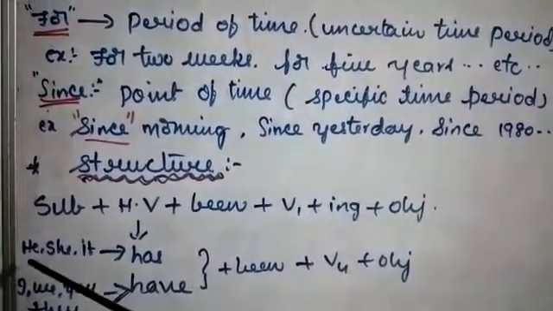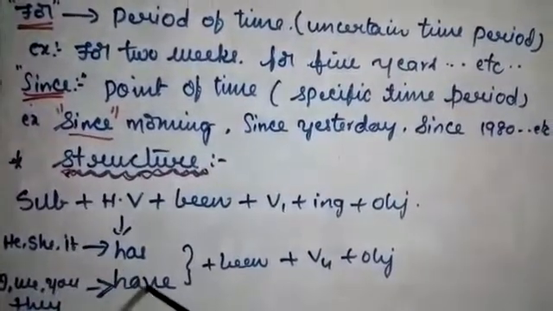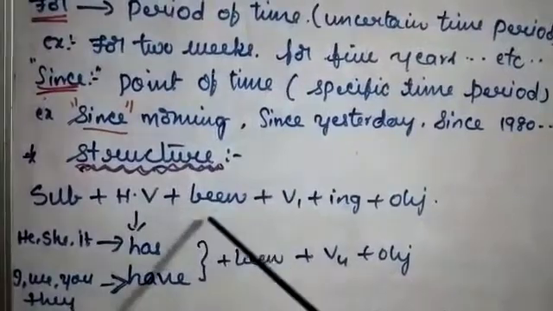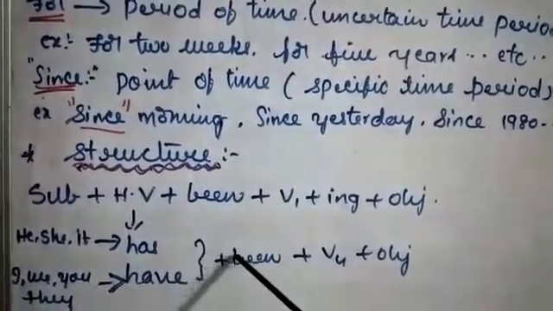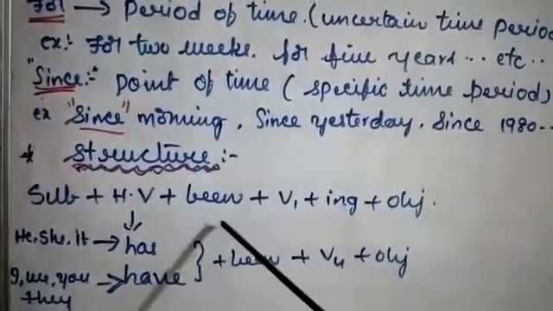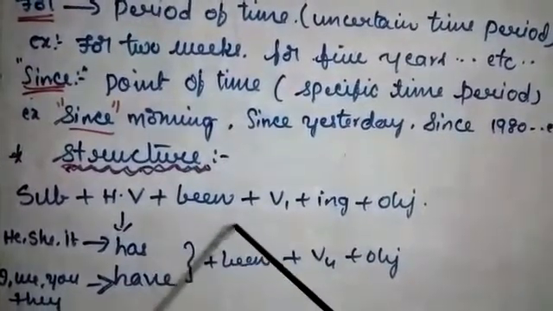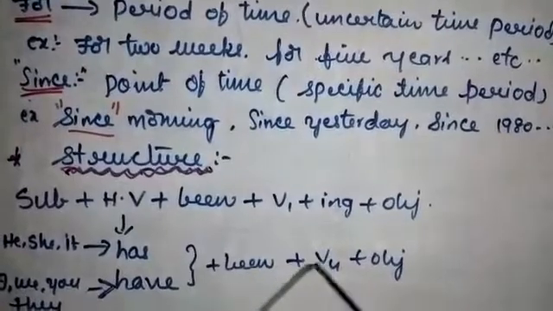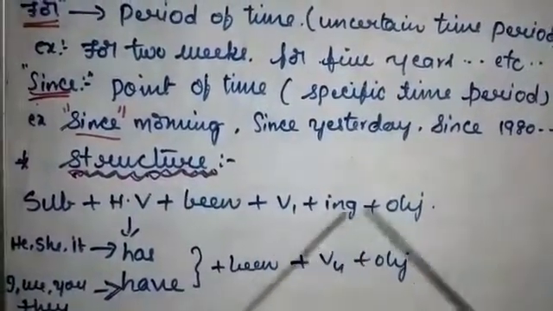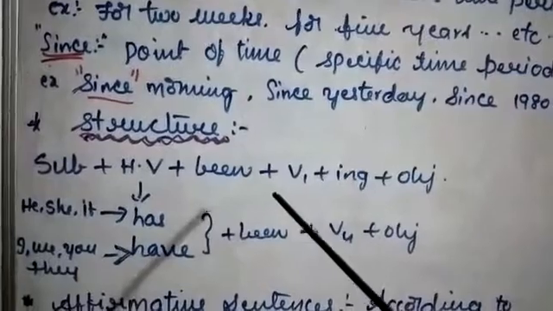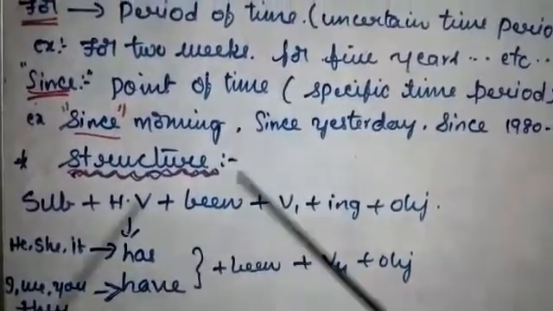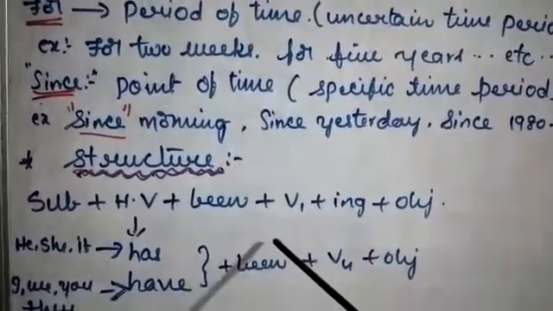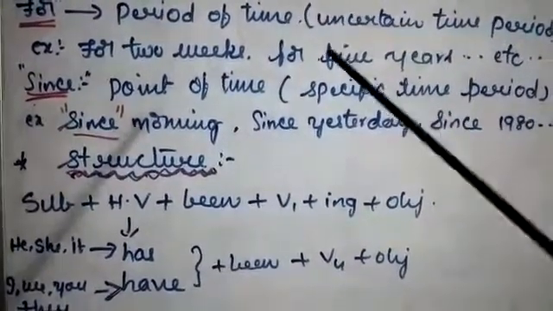Has is used with the subjects he, she, it. Have is used with the subjects I, we, you, they. As usual, been will come here because it is a perfect continuous tense. So been is used after the helping verb, and then V4 plus object. V4 means V1 plus ing form. We will see the examples.